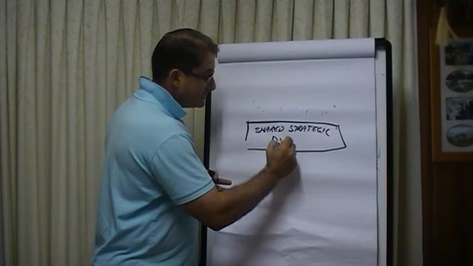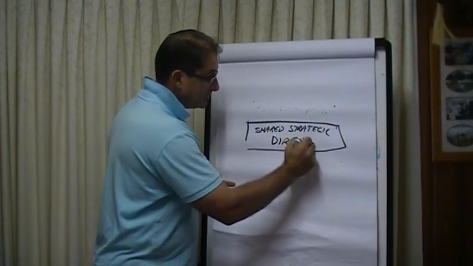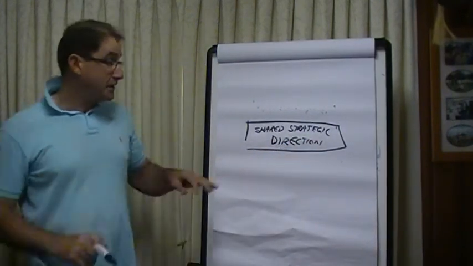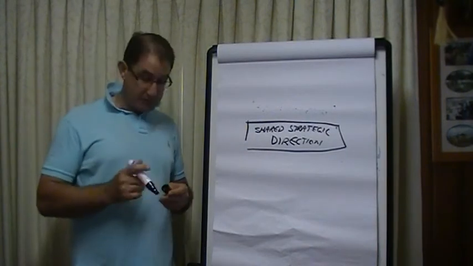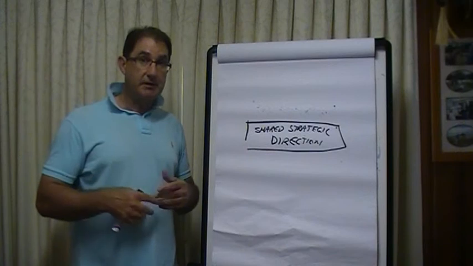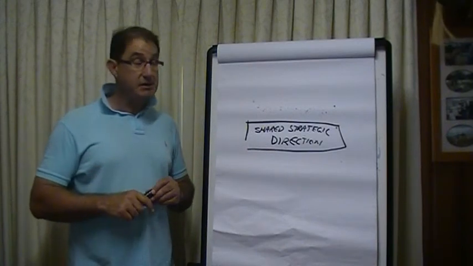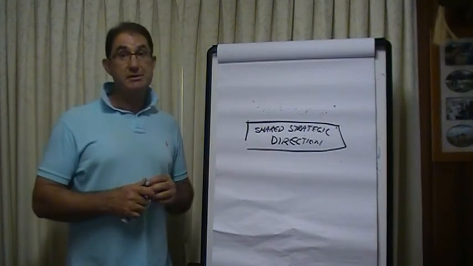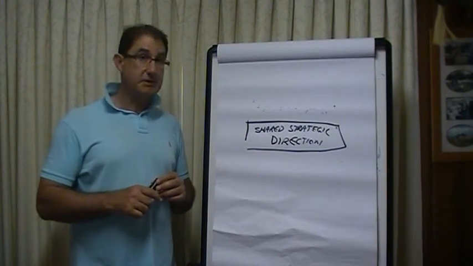Now, there's a couple of key words in there that are quite important to understand. The first one really is this concept of direction. One of the things that I find when I'm working with people, and particularly in their businesses, is that the direction of the business itself tends to be not well understood.